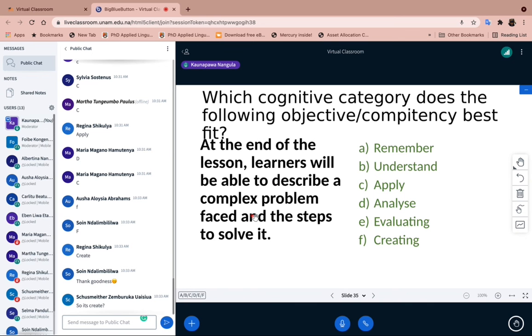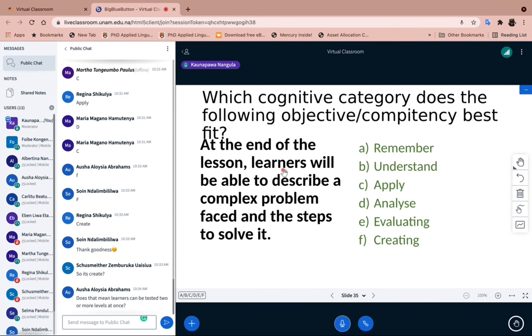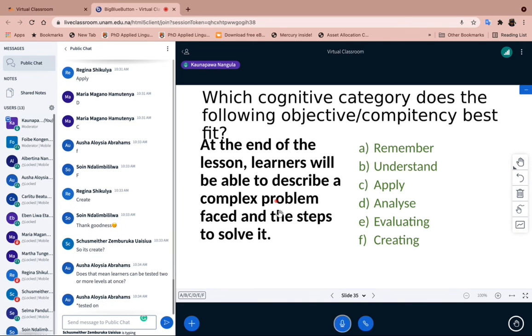All right. And this is why, when we are talking about objectives, we only have to use one action verb. Writing one action verb makes it so much easier to categorize where the objective falls. But when we add 'and', for example, 'and do something else', that makes the objective more complex, so it will fall in different categories.